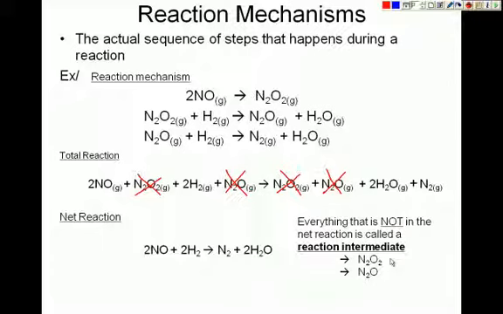That's why these things are reaction intermediates. They happen in the middle of the reaction. N2O2 happens in the middle of the reaction, and the same with N2O, but it's not a reactant, and it's not a product.